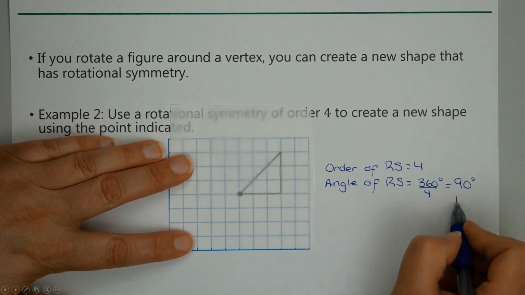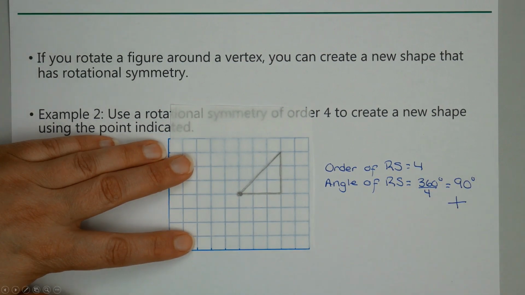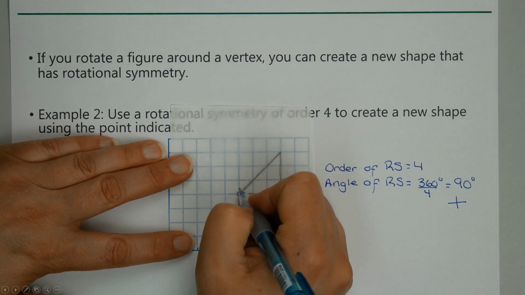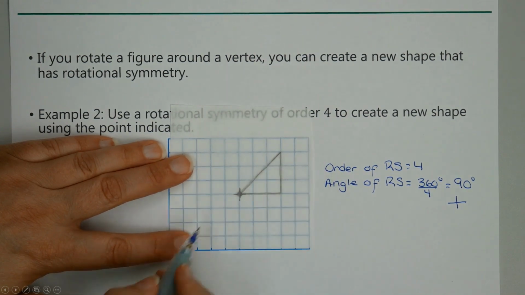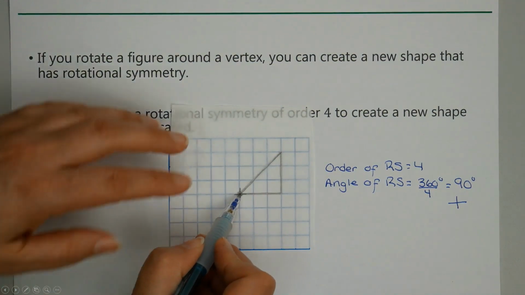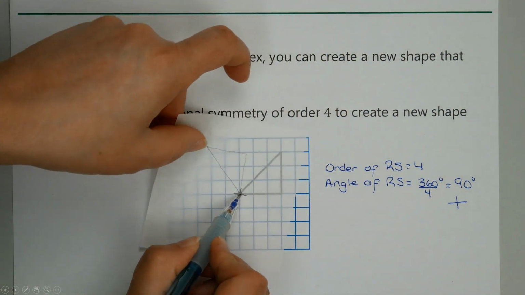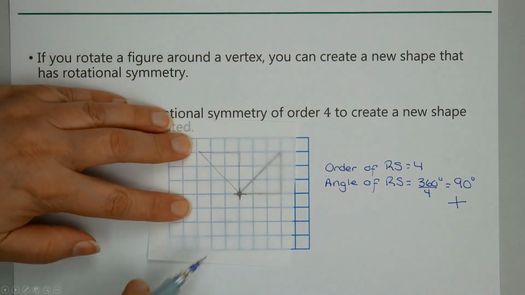So once again, I will use these crosshairs to help me do my rotation. So now I'll start by rotating this 90 degrees counterclockwise.